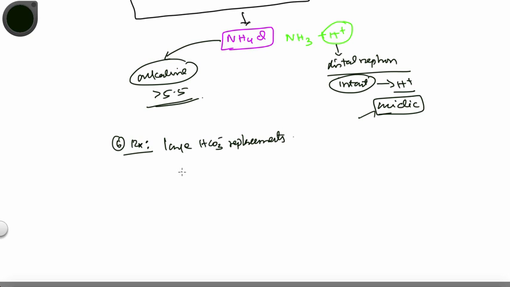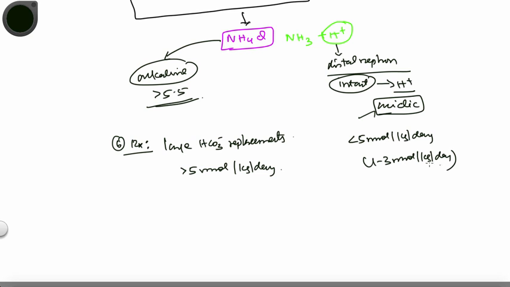This bicarbonate replacement traditionally is said to be more than 5 millimoles per kilogram per day, whereas in proximal renal tubular acidosis you have mild acidosis, and these patients tend to need little bicarbonate replacement, classically less than 5 millimoles per kilogram per day. Most textbooks give a value of 1 to 3 millimoles per kilogram per day. This is the amount of bicarbonate that you have to replace in case of a proximal renal tubular acidosis.